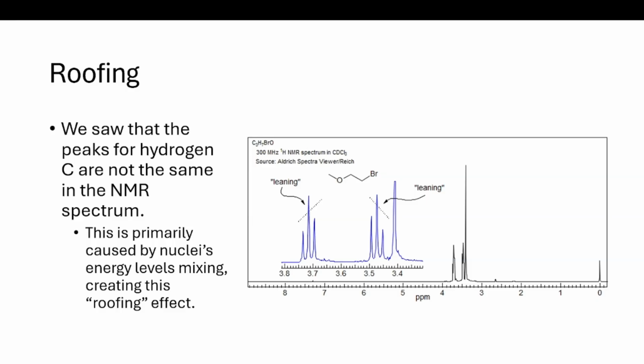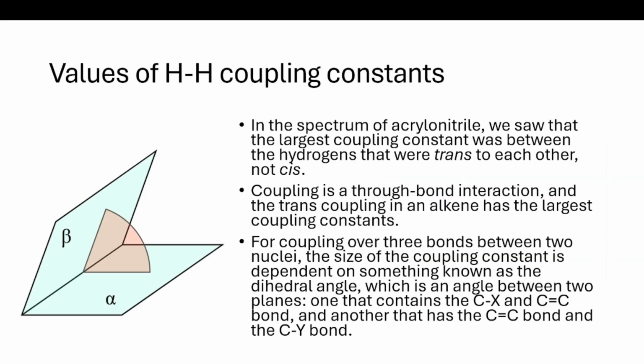That's because the nuclei's energy levels are mixing, and this specific occurrence is known as the roofing effect. However, let's disregard that for now, and let's talk about more coupling constants when it comes to proton NMR.